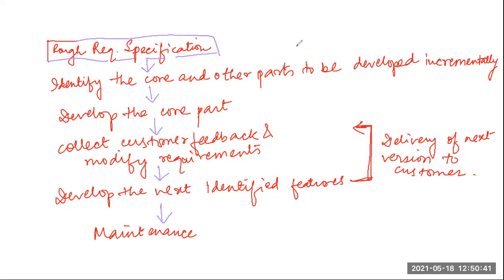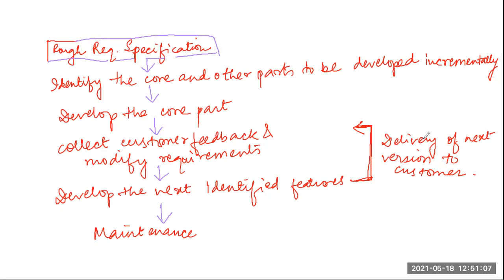First we develop the core model, then we collect customer feedback, and then we modify the requirements as needed. Then we develop the next feature, and again we deliver it for customer feedback. At each step, the next version of the software is added and delivered to the customer for checking.